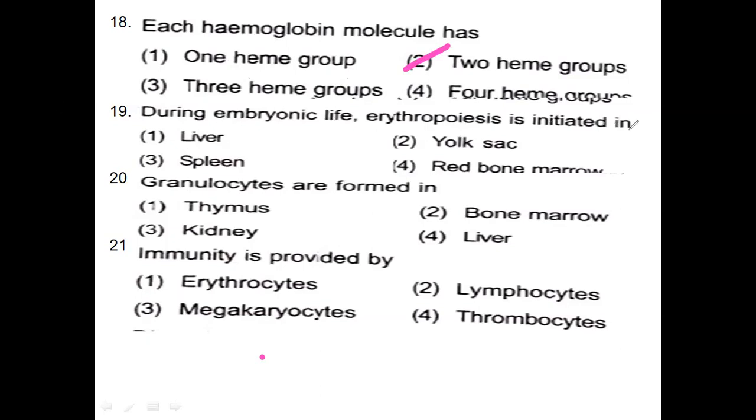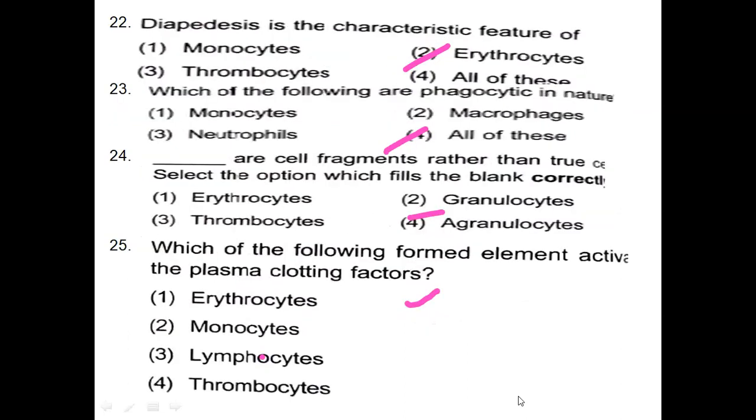During embryonic life, erythropoiesis is initiated in the yolk sac because there will be no development of the bone marrow in the embryos. Granulocytes are formed in bone marrow. Immunity is provided by lymphocytes. Diapedesis is the characteristic feature of thrombocytes, the movement of the platelets to the site where clotting of blood takes place.